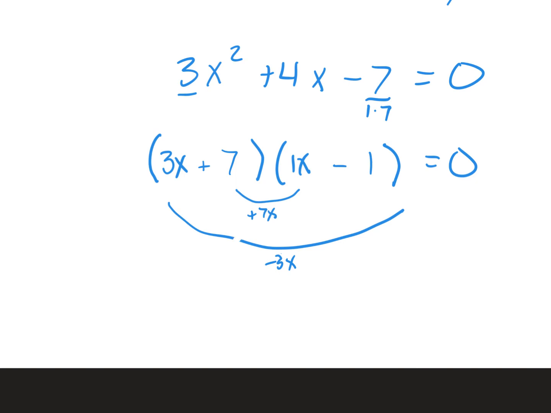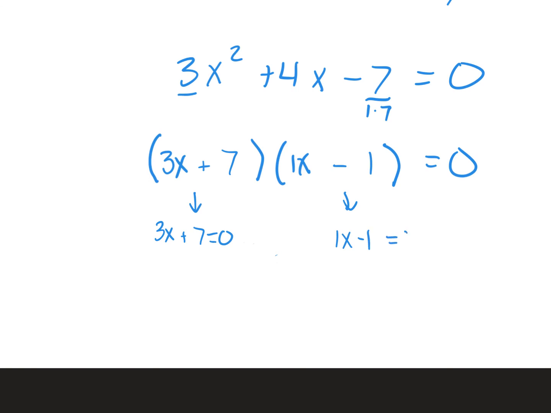All right, we're going to make some room here. Get rid of my inner and outer products now that we have it factored. All right, now you're going to use the zero product property. So 3x plus 7 would equal 0, or 1x minus 1 would equal 0.